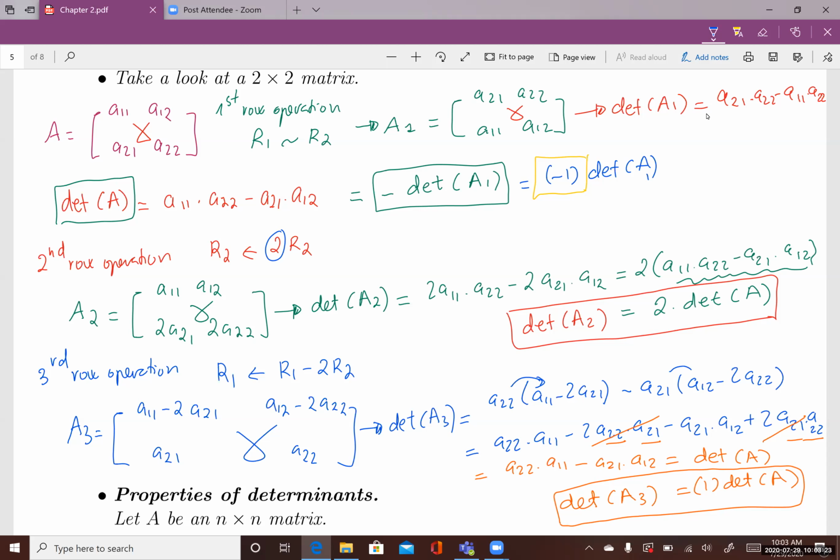And then if you use the third row operation, which is when you add or subtract a multiple of one row to another, then the determinants of the two matrices are the same. Okay, if you use the third row operation, then the resulting matrix will have the same determinant as the previous matrix.